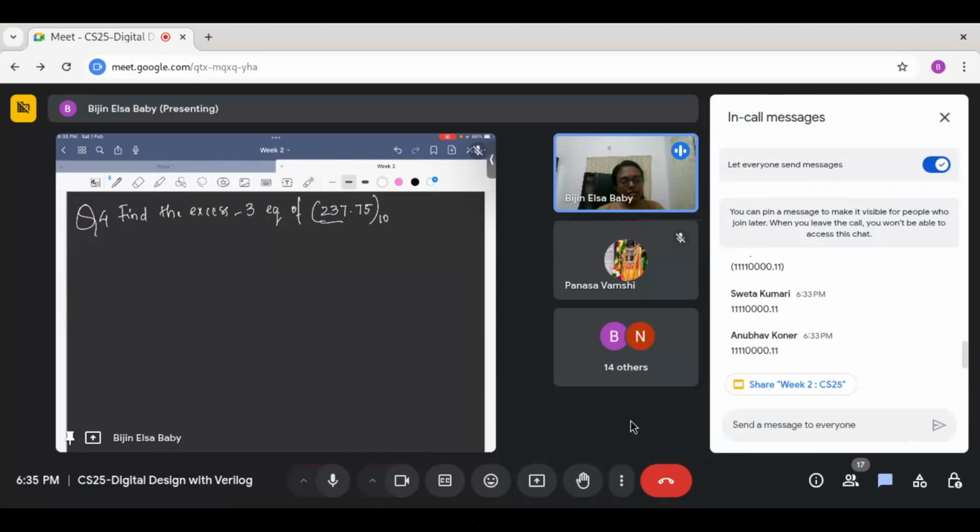Here the integer part is 237. So the X3 equivalent of 7 will be 10, of 3 it will be 6, and of 2 it will be 5.